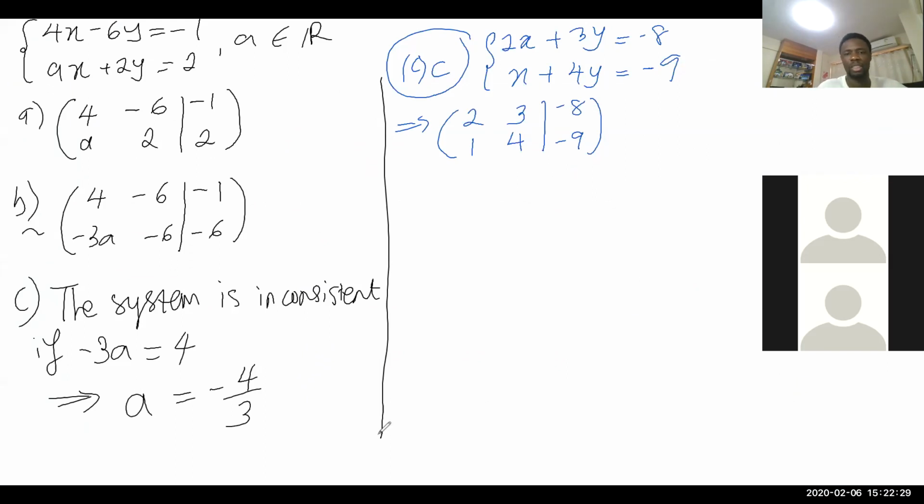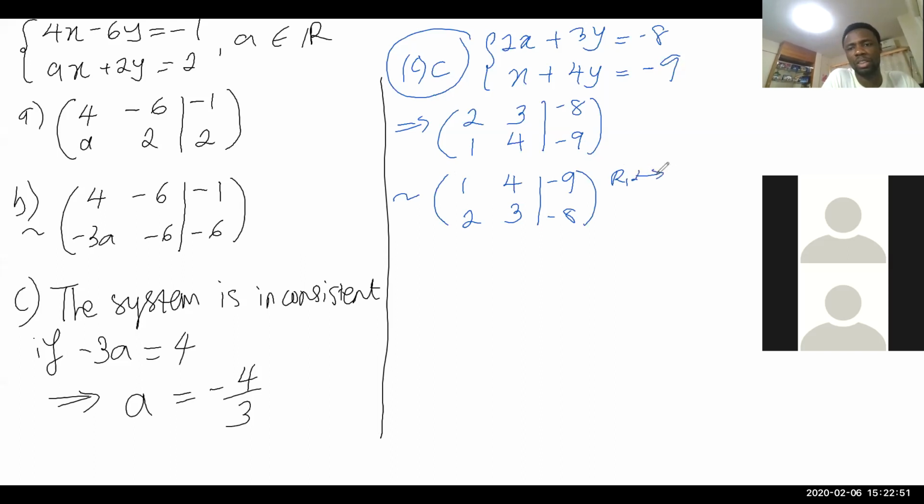You can interchange, yes. Because 1 is already there, so there's no point wasting your time. Just interchange. So this is 1, 4, negative 9, 2, 3, and negative 8. What you have done is row 1 is interchanged with row 2.